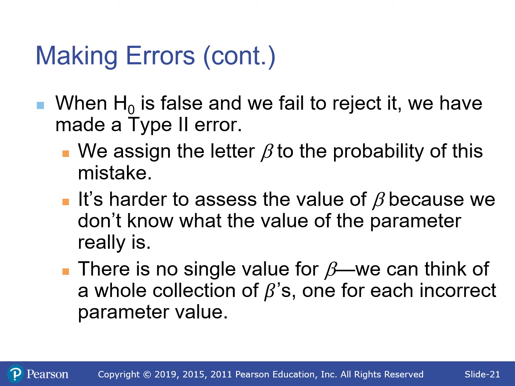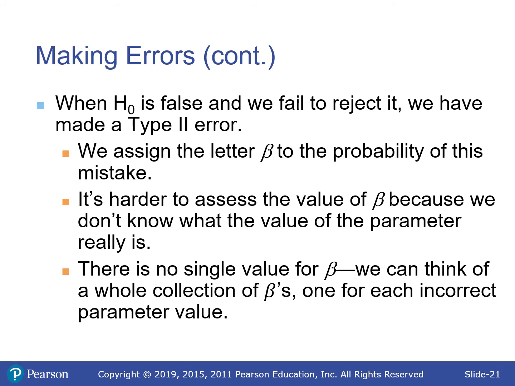It's harder to assess beta because depending on what the parameter is, and depending on what our alternative is, we get a whole bunch of different betas. Like how far away is that error value that we get? Each of them is going to have a different beta. The further away from the null hypothesis we get, the less the beta is.